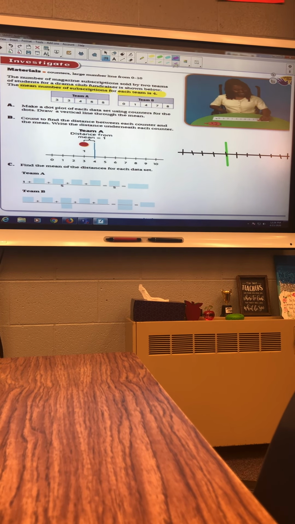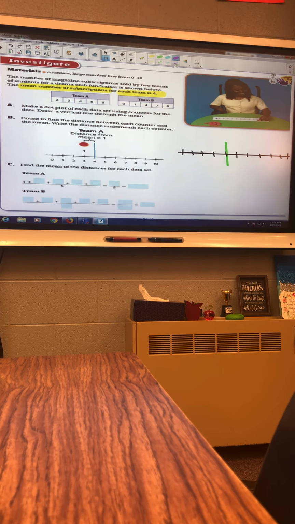So on team A, we had 1 here, right? So that is how many spaces away from the mean? Well, it's 1. So it's 1 space away from the mean of 4. This one we have 1 there too. That is also 1 space away from 4.